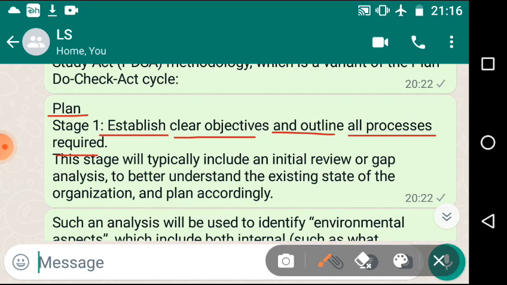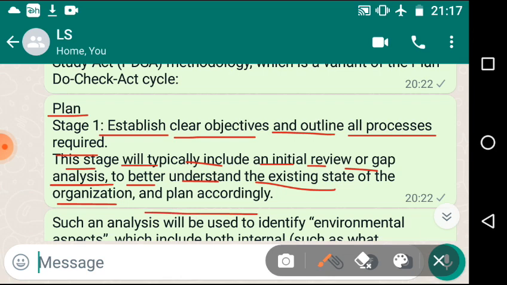Now this plan, do, study, act is based on the ISO 14001 standard. Previously it was the plan, do, check, act cycle. It is the upgradation of the ISO 14000, which is stated in ISO 14001.